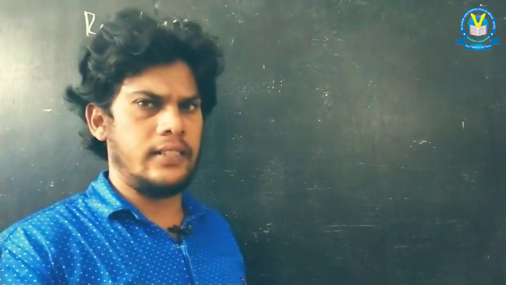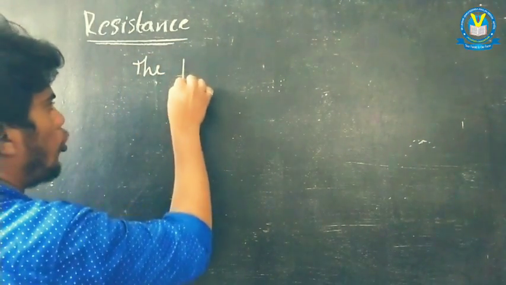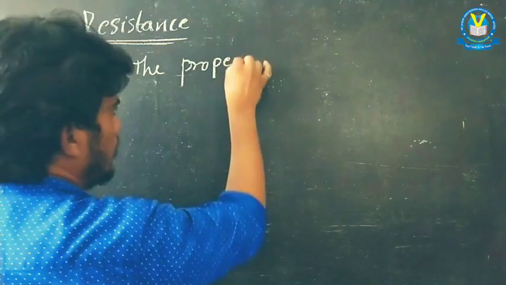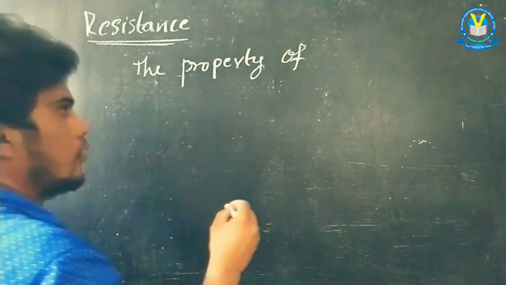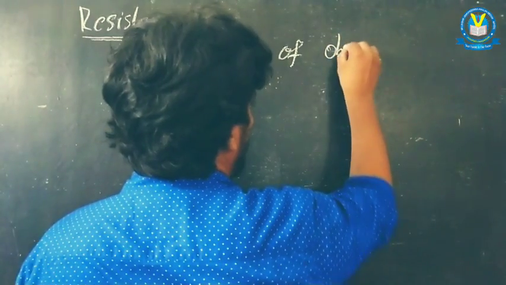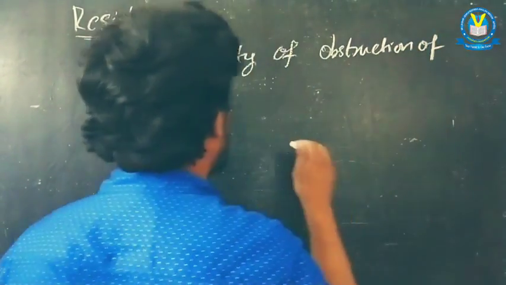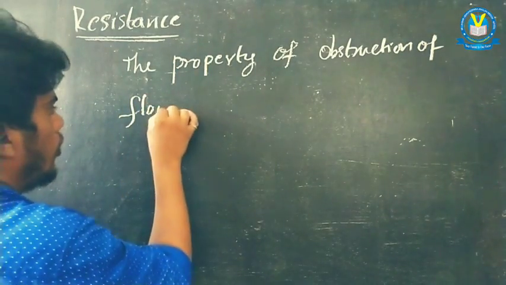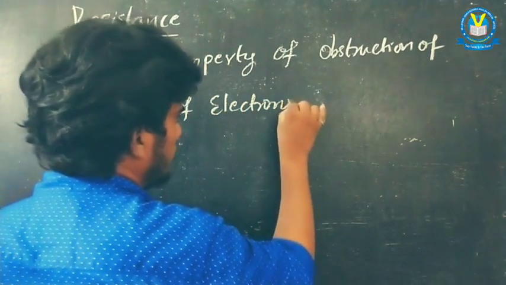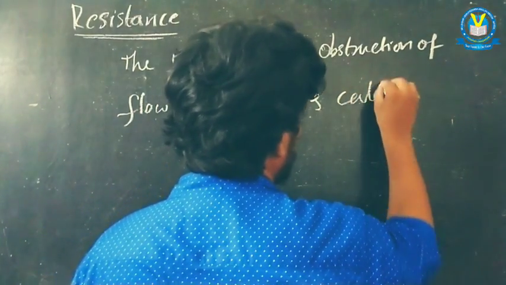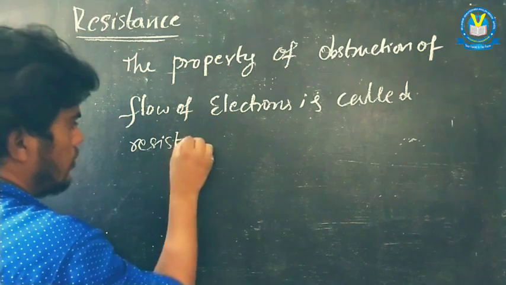What is resistance? Resistance is nothing but the property of obstruction of flow of electrons, which is called resistance.